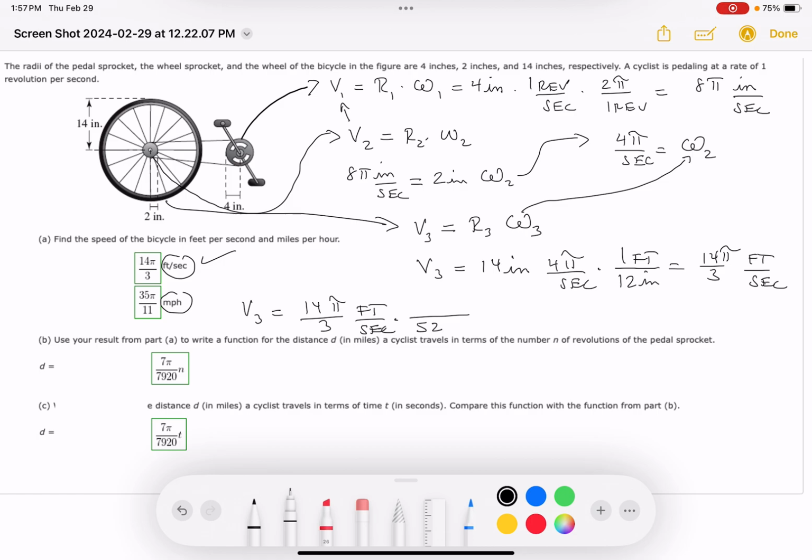There's 5,280 feet in every 1 mile, and there's 3,600 seconds in every 1 hour. Now, Greta, I realize you're probably killing it at this point, but you can do the arithmetic. It might take you some time to get through it, but looking at it, it really doesn't look that bad. But you'll eventually get a number. The number you'll get is 35 pi over something.